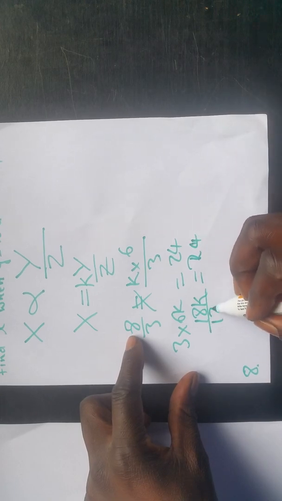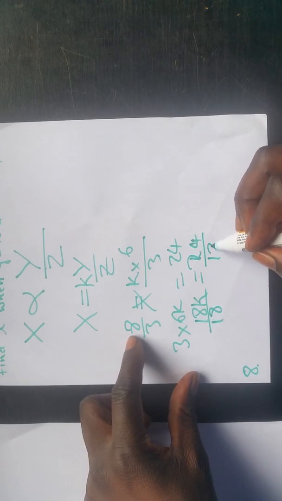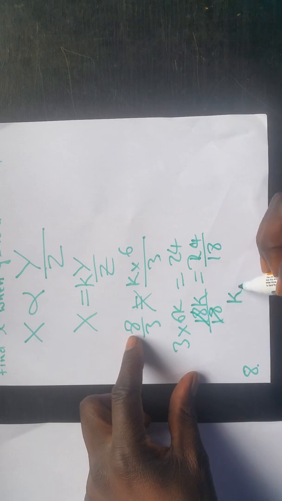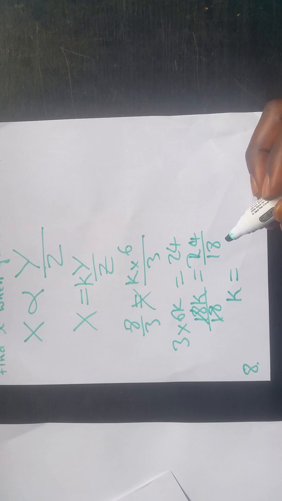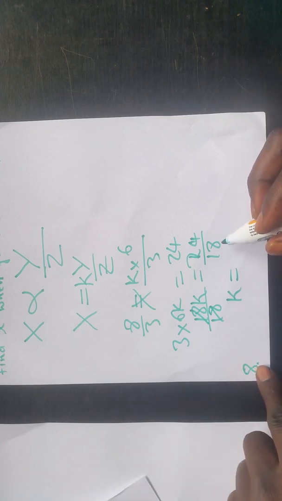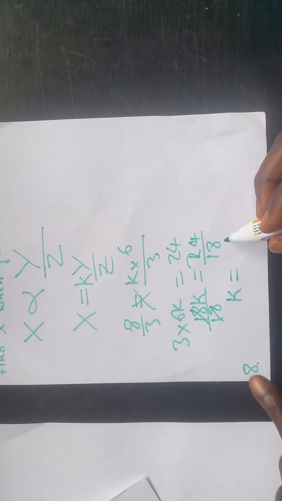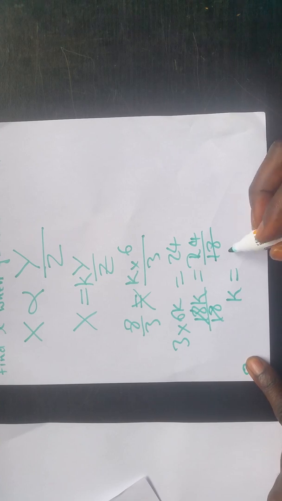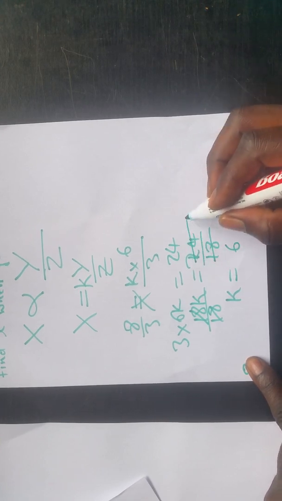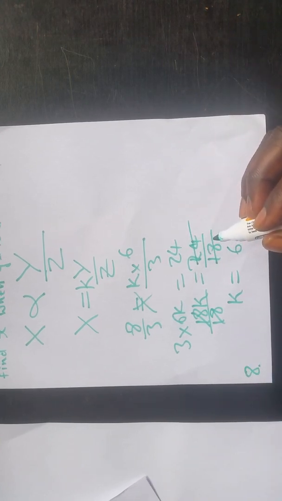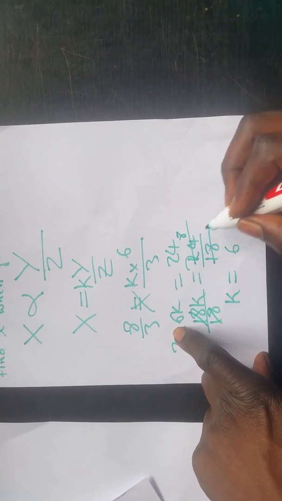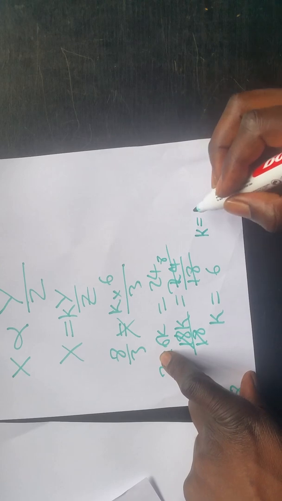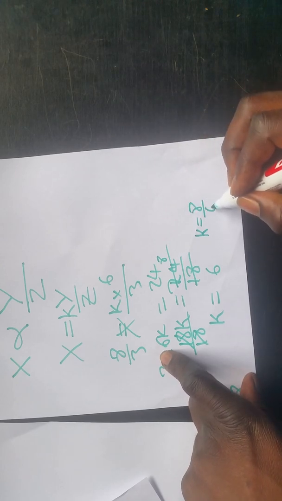Then we divide by 18. 3 goes into 18 six times, and 3 into 24 gives us 8. So we have k is equal to 8 over 6.